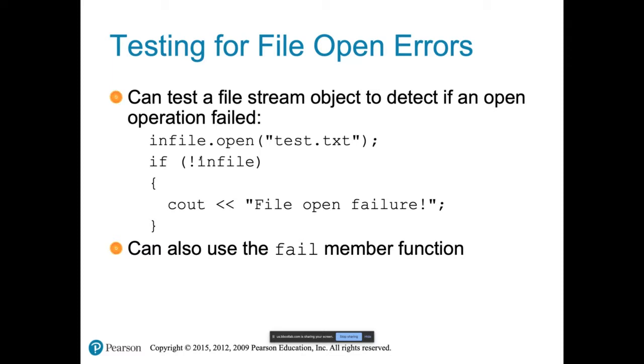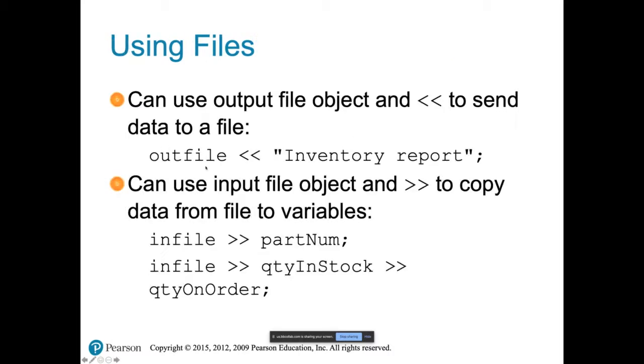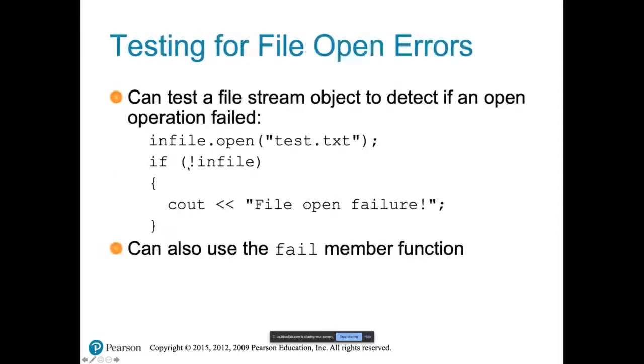If it doesn't open successfully, I catch a lot of students on this part right here. It doesn't open successfully and they catch it, but the trouble is the program still continues on and tries to write to that file. So be cautious of that.